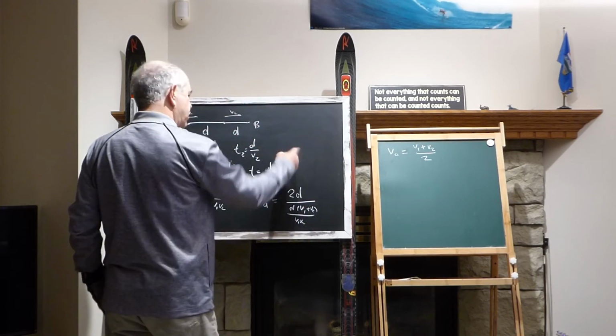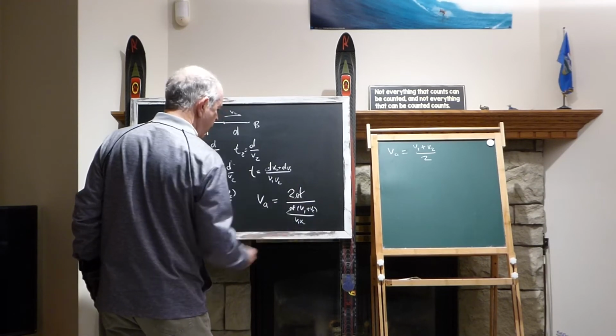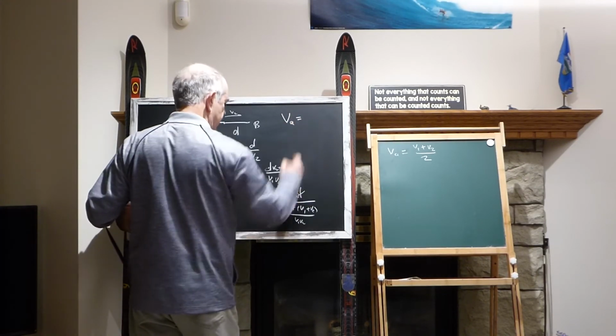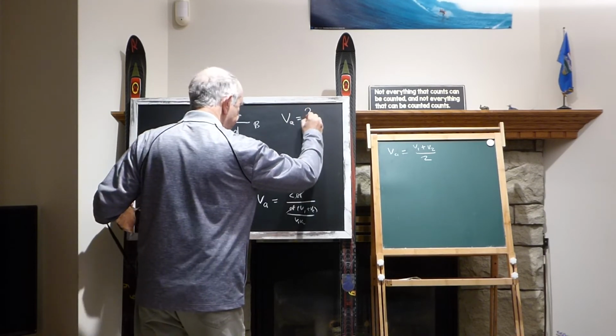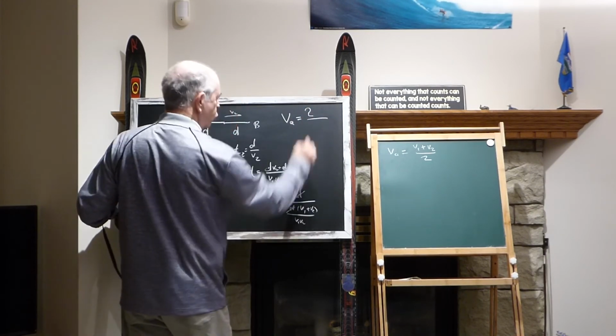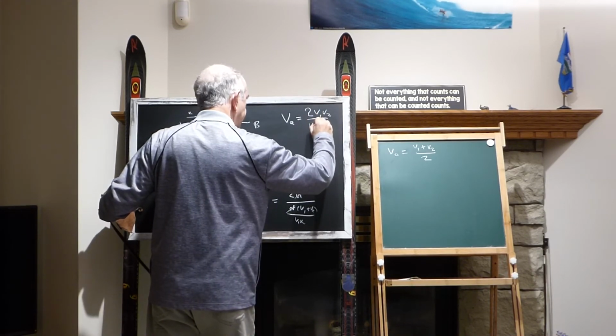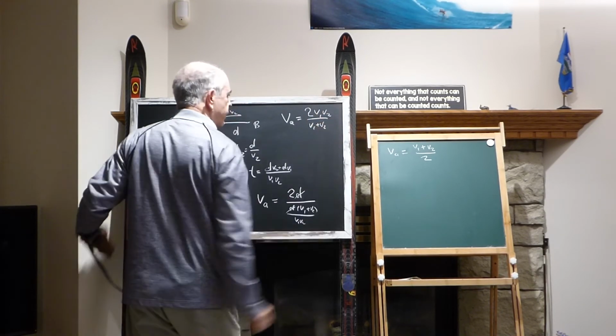And obviously this goes up, d goes away, and we get v average equals 2 v1 v2 on the top, and v1 plus v2.